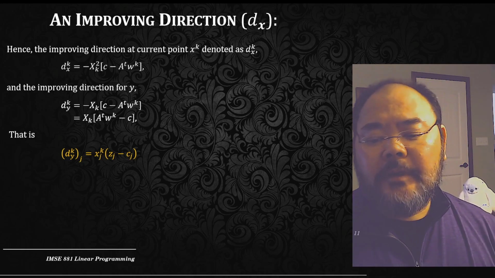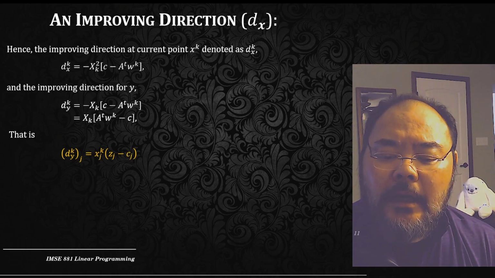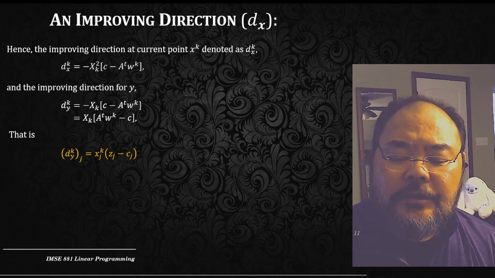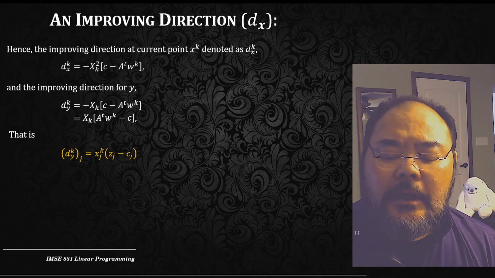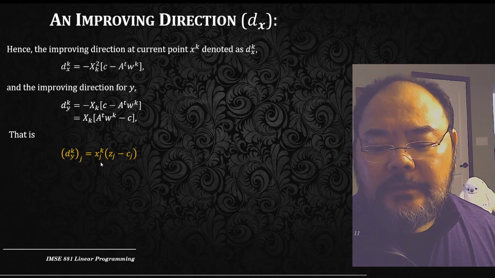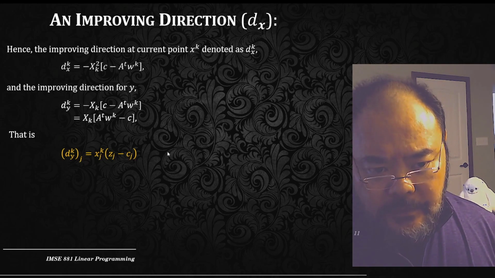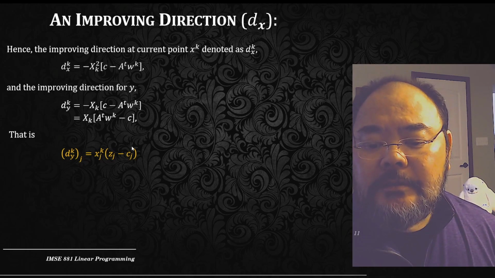Okay, so basically dyk, each j element equals xkj times zj minus cj. So this is very similar to basically a scaled zj minus cj using the current solution xk.